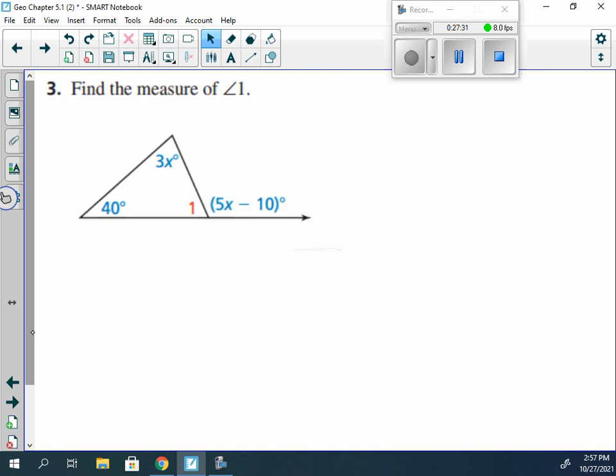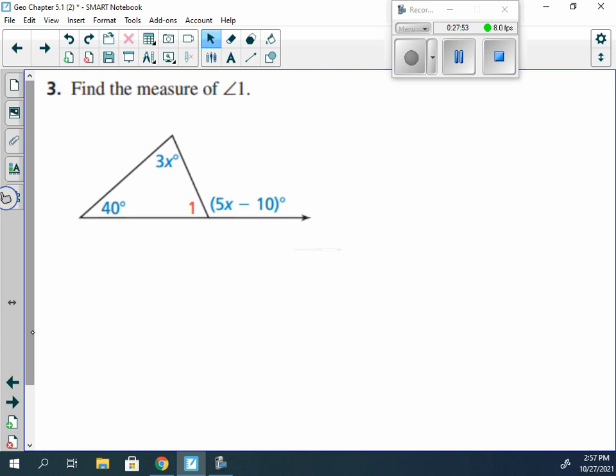Now, any 3 angles, so the 3 angles inside of a triangle, add up to be 180. Do we know anything about the measure of angle 1? No, we just know we need to find it, yes? So I can't define it as x because the actual 3x, that's x, and it may not be the same. So we can't do that.